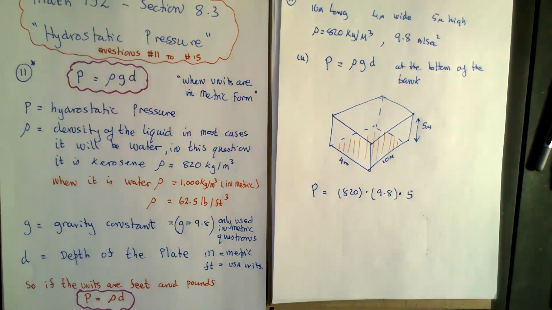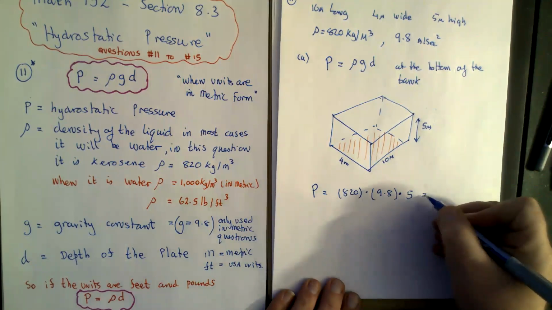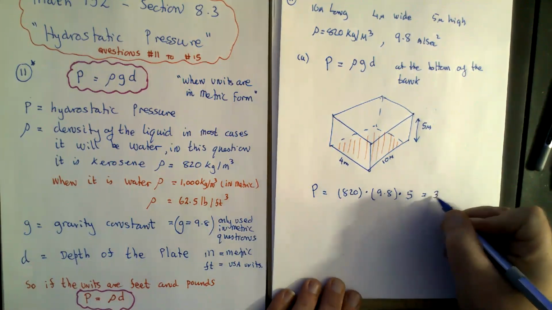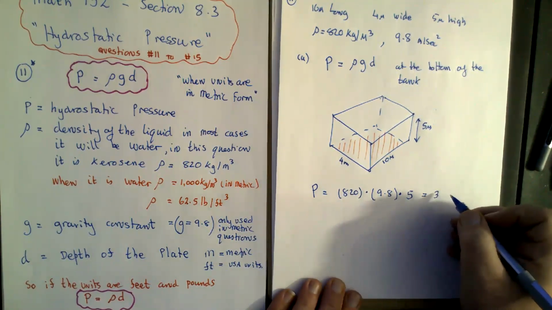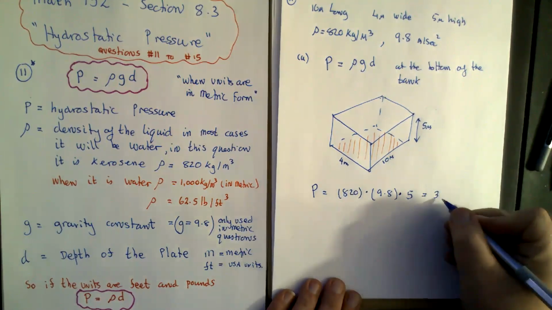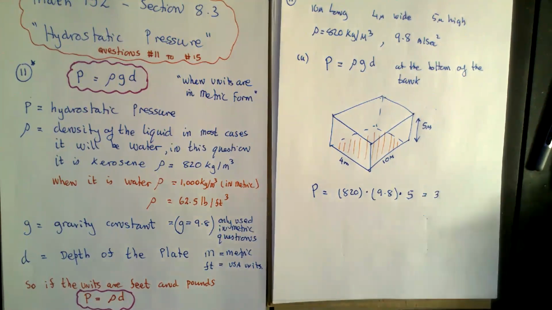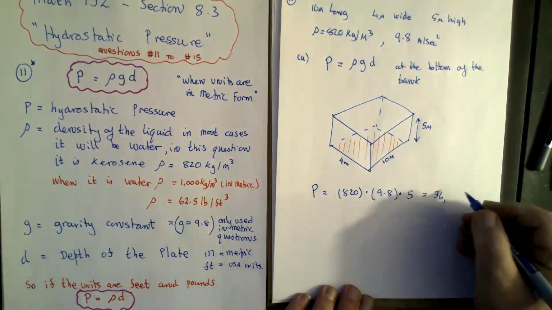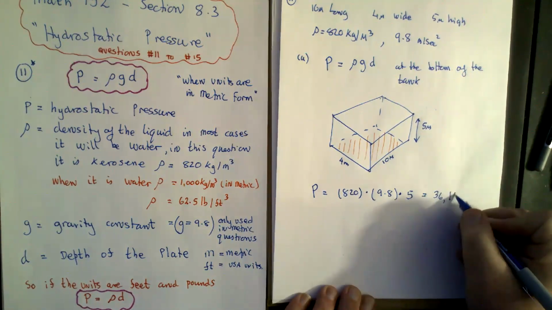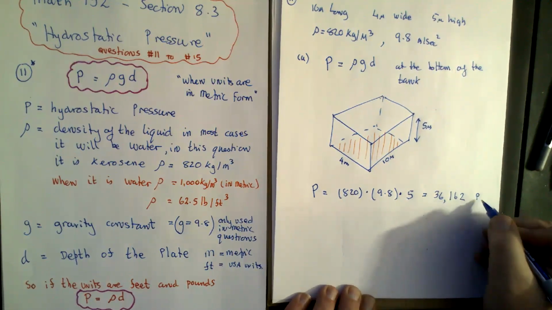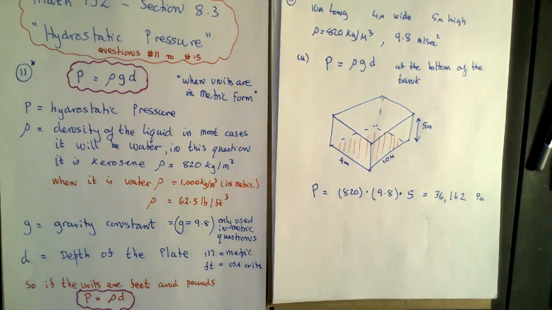Those are the three guys you multiply together. If you do this, the hydrostatic pressure ends up being, I hope, check I got the right numbers, yeah, it should be 36,162. And for those who like units, they're called pascals. It's a unit of pressure. And that's question A done.